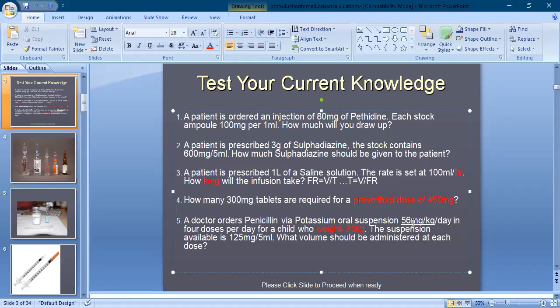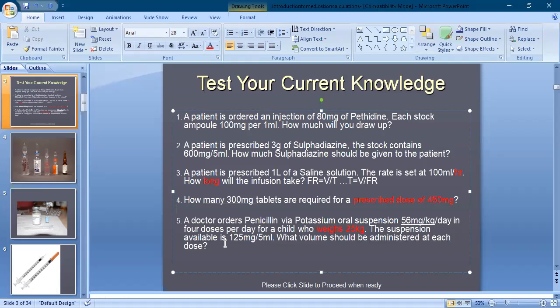Like you are 75 kg, I am 72 kg, another person 100 kg. So according to the body weight, the number should change. So my patient is 25 kilograms. 25 multiplied by 56 is the total amount your patient needs.